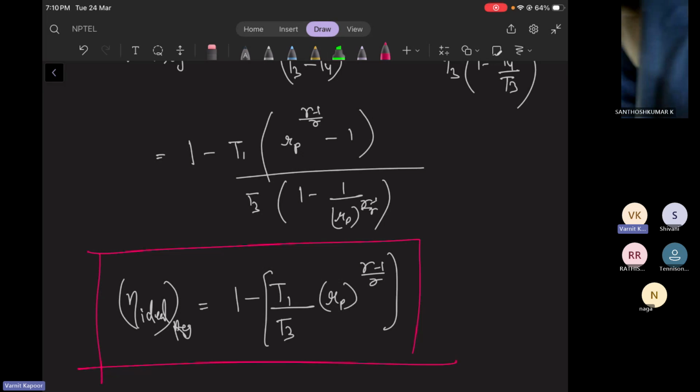Any doubts here in getting the ideal efficiency expression for a regenerative cycle? Do you have any doubts?